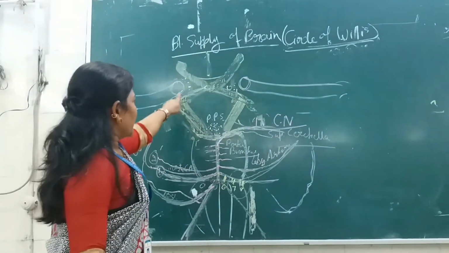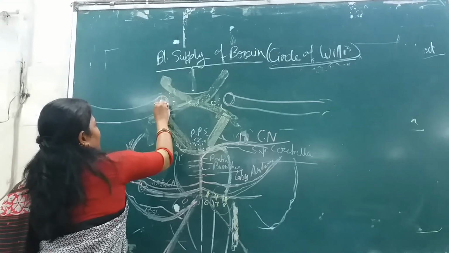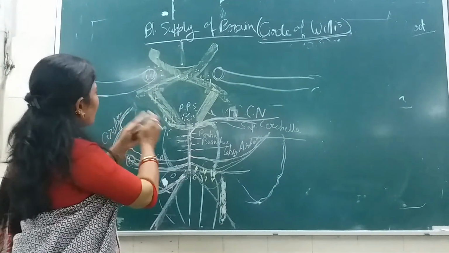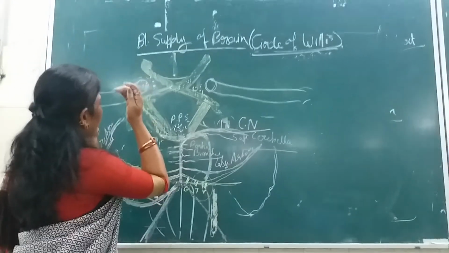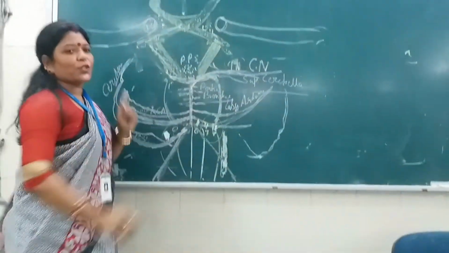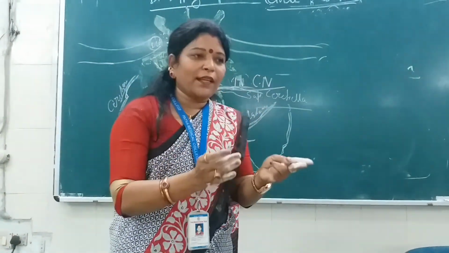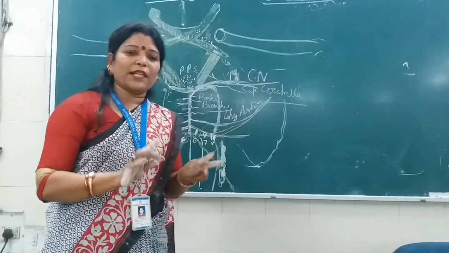Look carefully, this is the internal carotid artery. After running posteriorly in the siphon pattern, here it terminates into its two terminal branches.